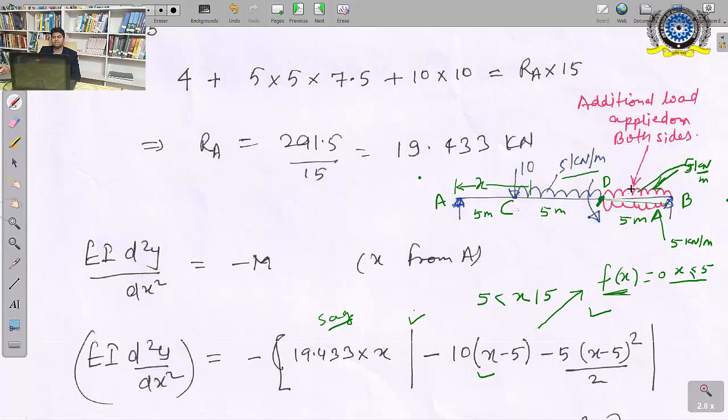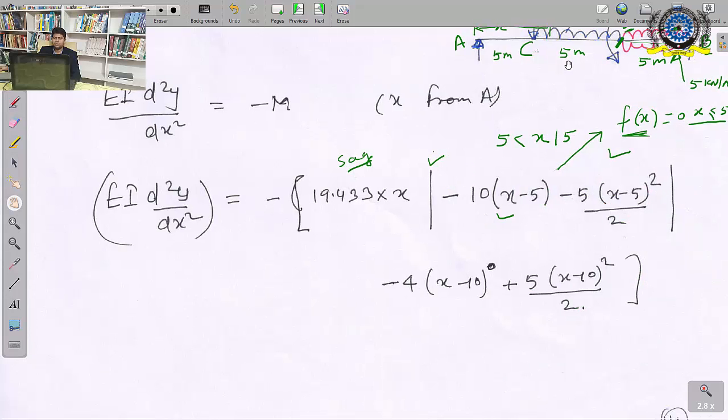Now since we have applied this additional load, we have to write down the equation of bending moment for the portion DB also. Okay, so there will be one more discontinuity function. Here it comes.